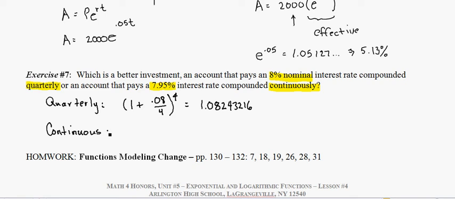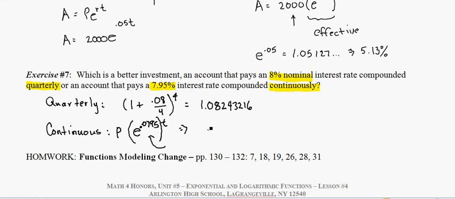Continuous calculation next would say we're now multiplying by e to the 0.0795. Just make sure that decimal place really shows up. That's what we're multiplying by. If you think about it again, the formula would have been this to the t, but the real idea is that this is what we're multiplying by.